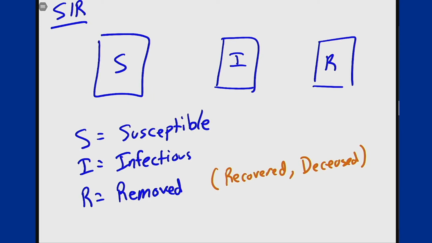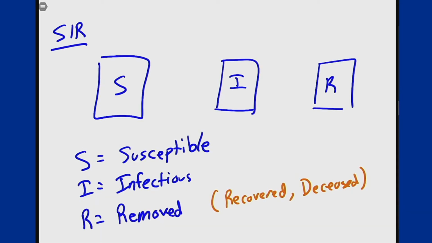How can people move through these categories? So the main idea is that it is possible for a person who is susceptible to disease to become infectious if they catch the disease from an infectious person. So people can move from here into here, and that happens when a susceptible person comes into contact with an infectious person, and there's a certain rate at which the disease gets transferred.